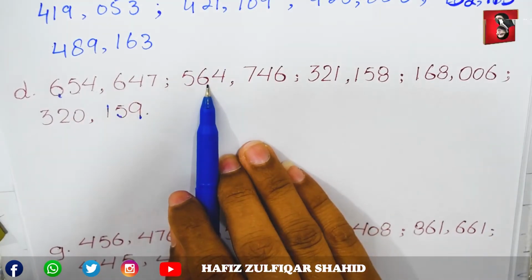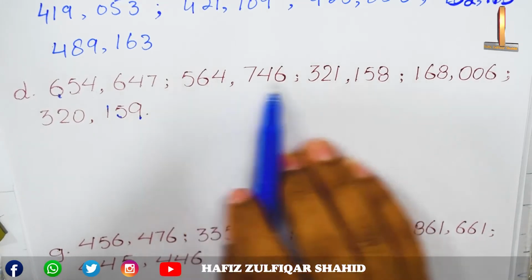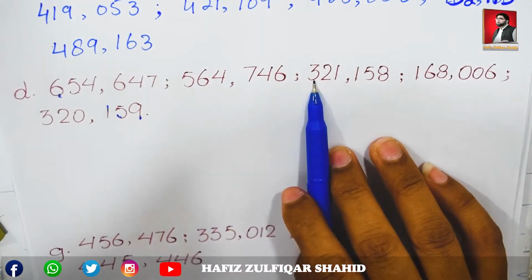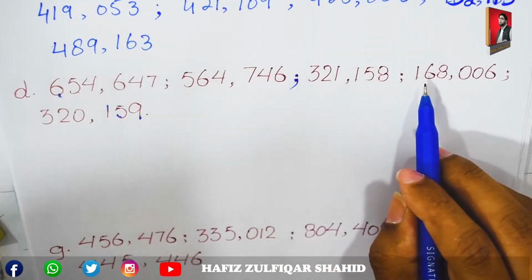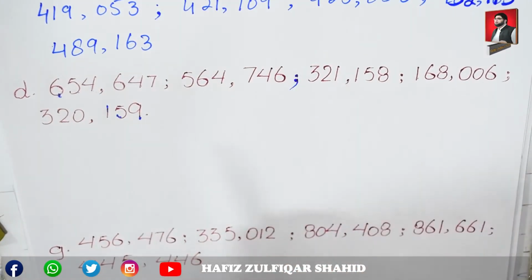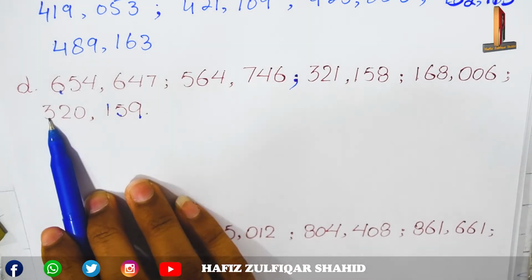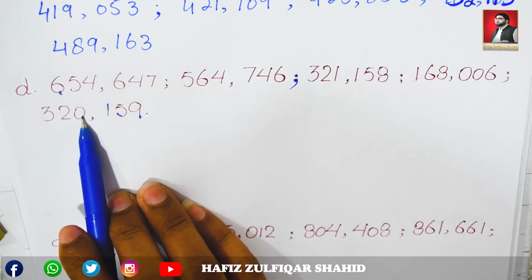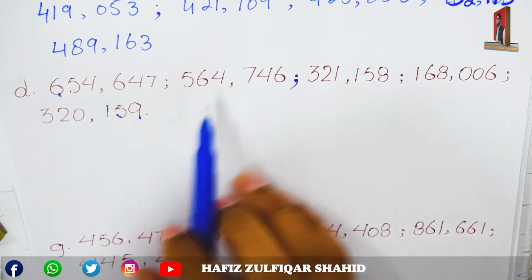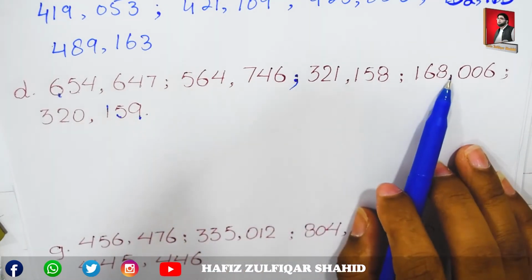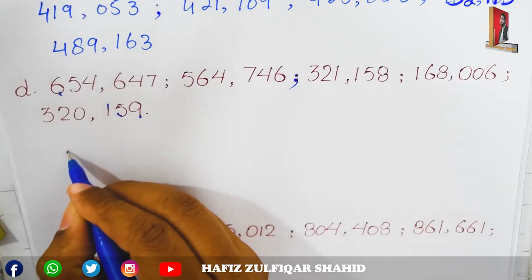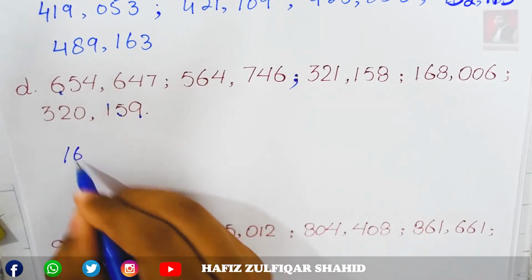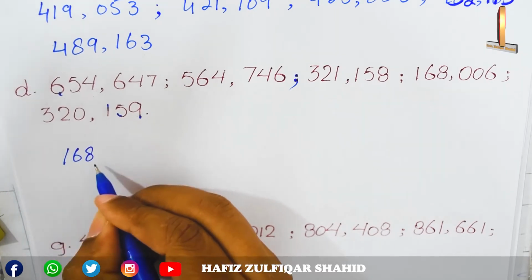In the other value we have 564, then 321 million, then 168 million, and in the last 320 million. Now see, in millions we have 168 as smallest. Fill it, 168.